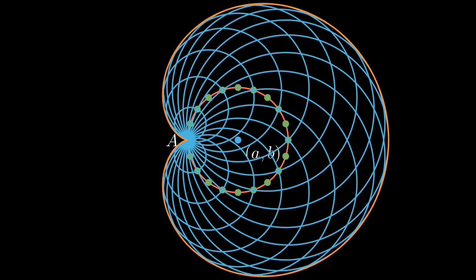So a cardioid is simply this shape that we've created that envelopes all these circles, and the circle that we use to create these center points is called the base circle.